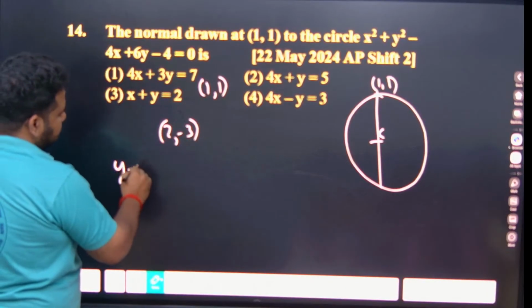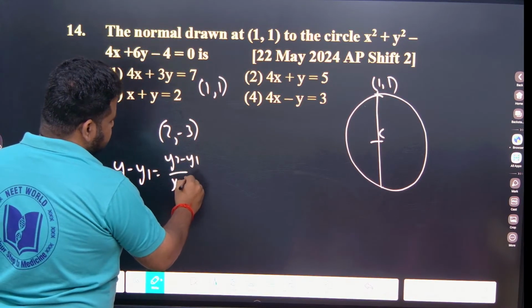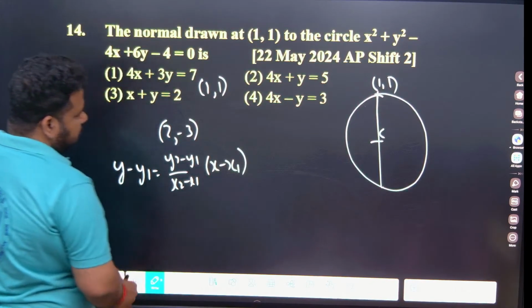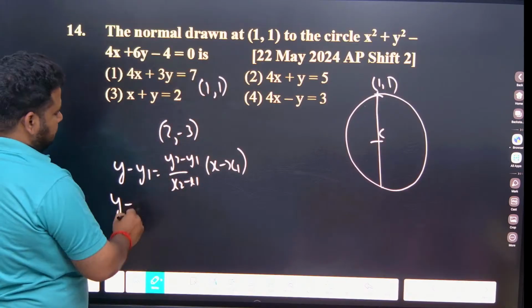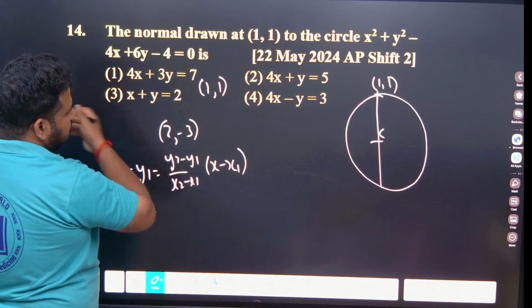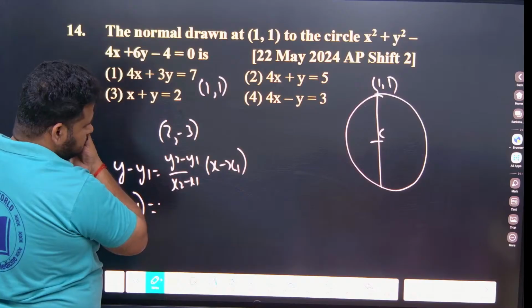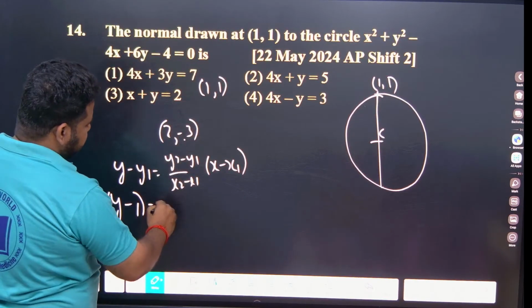Y minus y1 is equal to y2 minus y1 by x2 minus x1 into x minus x1. So y1 is 1. Y2 minus y1, minus 3 minus 1, is minus 4.